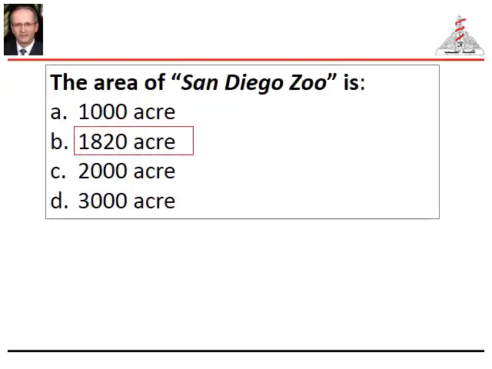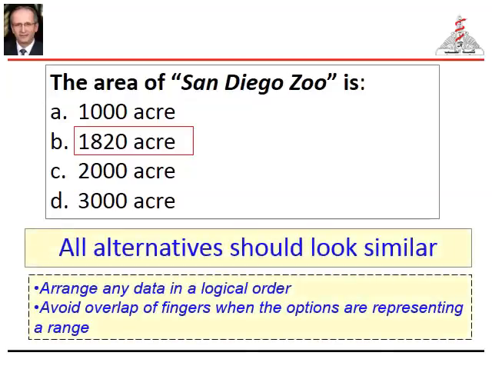Yes, it's B. B was written in a very accurate form, while the other alternatives were not written in a similar way. All alternatives should look similar. Another hint: arrange any data in a chronological order and avoid overlap of figures when the options are representing a range.